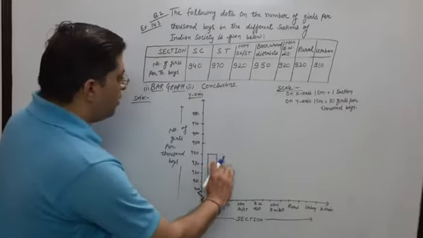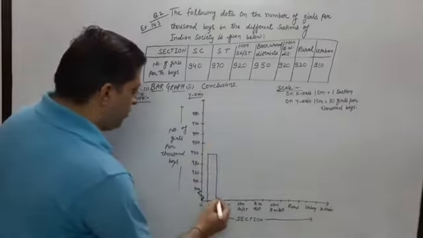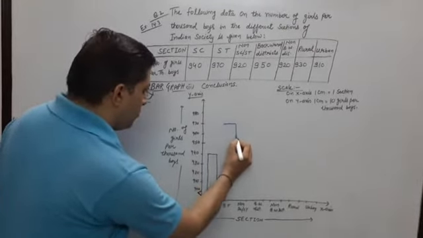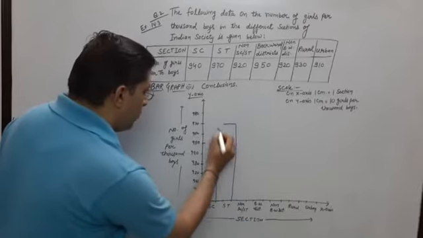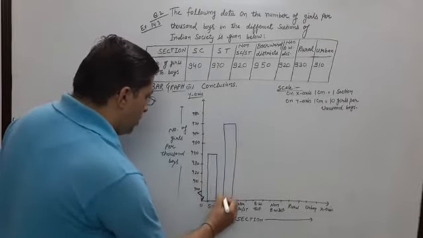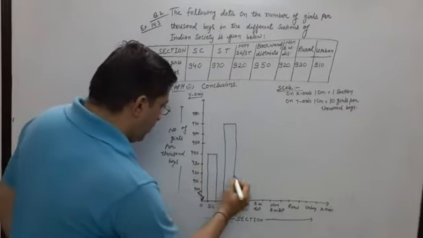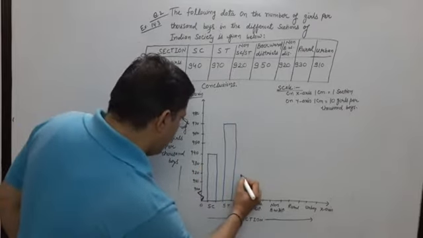Then for ST, 970. This is for ST. Then non-SC/ST, 920.